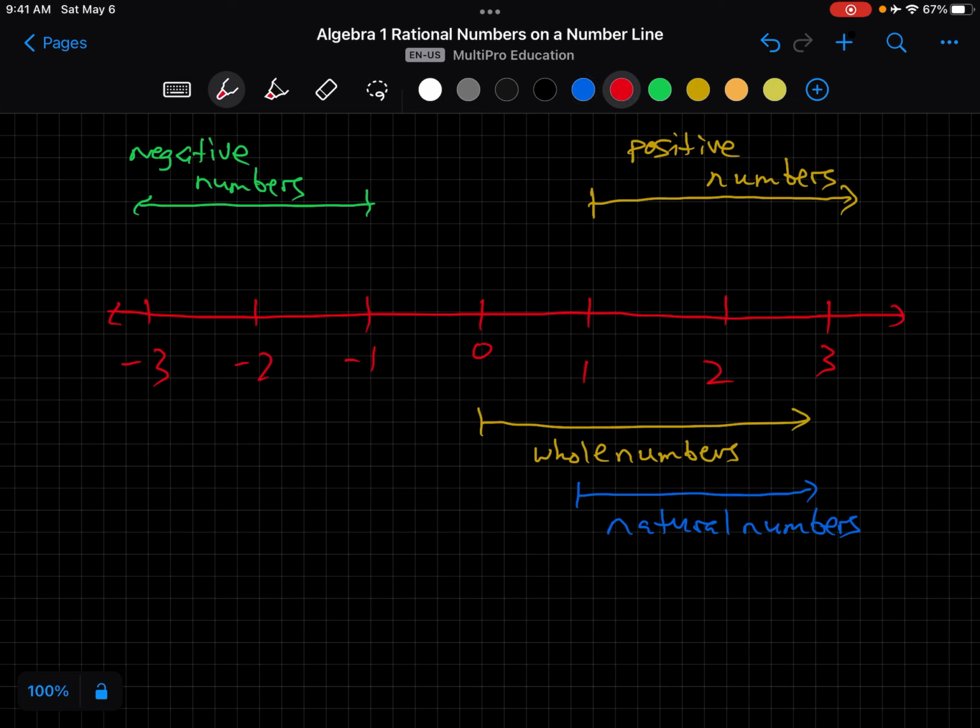And what are integers? Well, that's any one of these whole numbers here, or natural numbers, that could be positive or negative. It can even be 0. These are integers.